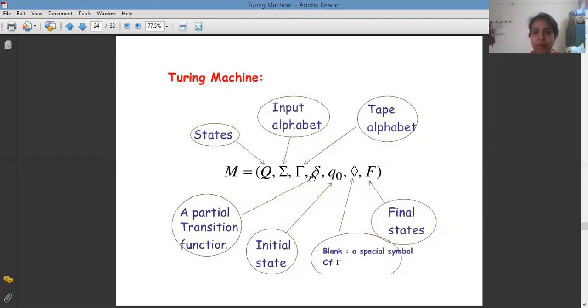Tau is the tape alphabet. Delta is the transition function that we learned recently. Q0 is the unique initial state. Then there is this symbol, which can be of any style, which acts as the blank symbol. And F stands for the final state, which we learned is also called halt with acceptance.